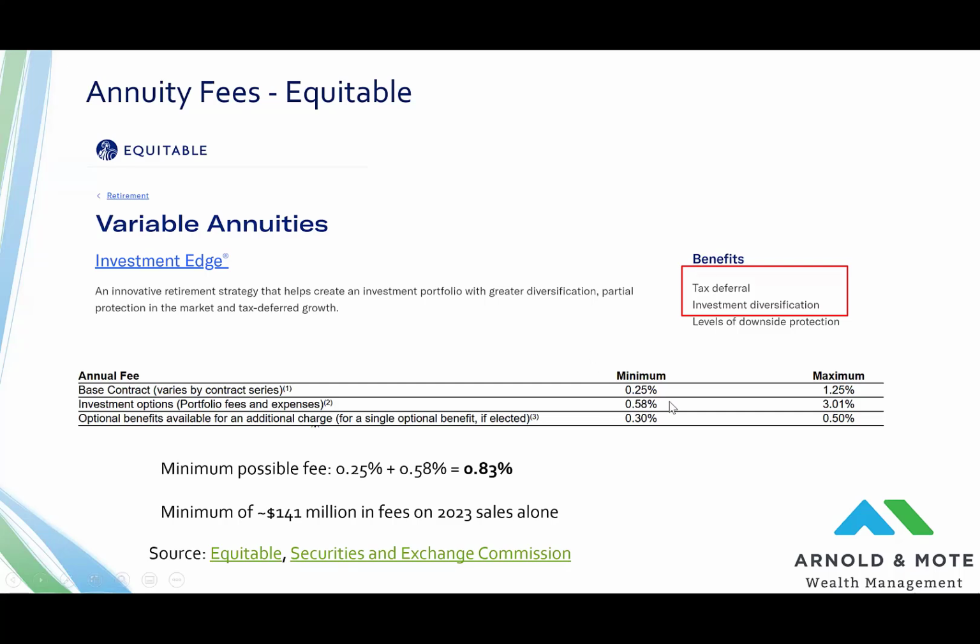And at a minimum, you have a base contract fee of 0.25%. And the cheapest investment option that they offer is 0.58%. This other fee here is for some optional riders. We'll talk about that. But let's just say you pick the cheapest options here for their annuities.